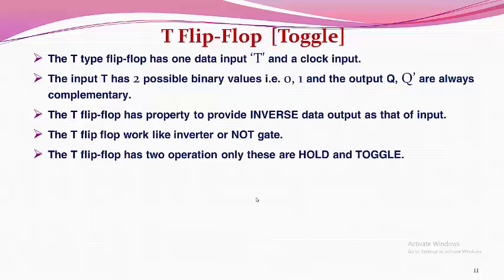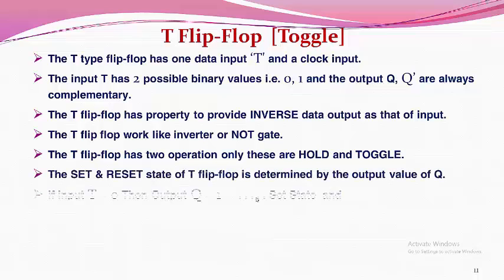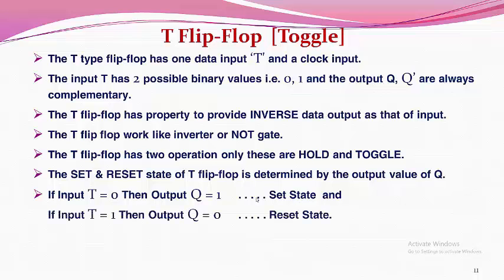T flip-flop has two operations, that is hold and toggle operation. Also, this T flip-flop has two states, set and reset states, and these states are determined by the output value Q. Means if input T is equal to 0, then output Q equal to 1, and as Q equal to 1, binary value 1 is stored into the T flip-flop or toggle flip-flop, and the state of toggle flip-flop is set state.